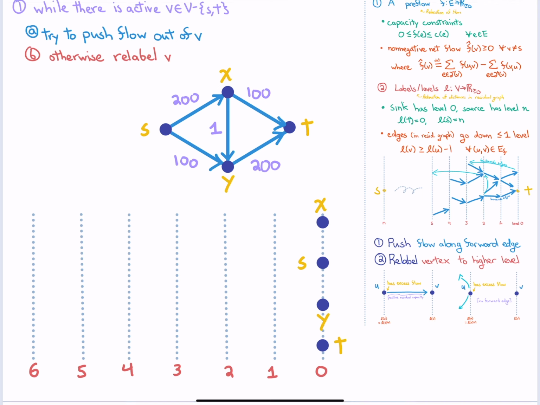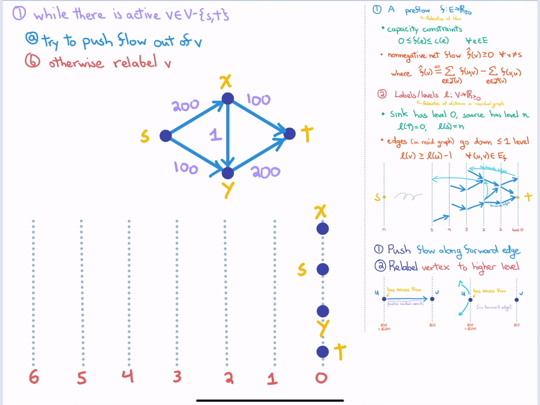Then we put the source at level n, which is 5, I guess. Oh no, there's 4, isn't there? Okay, good. Counting is hard.